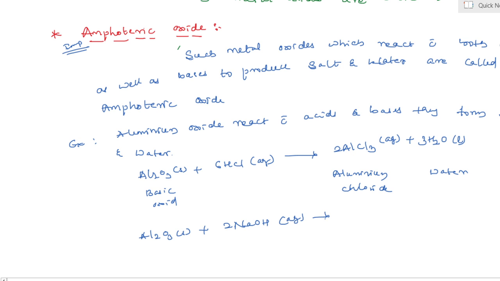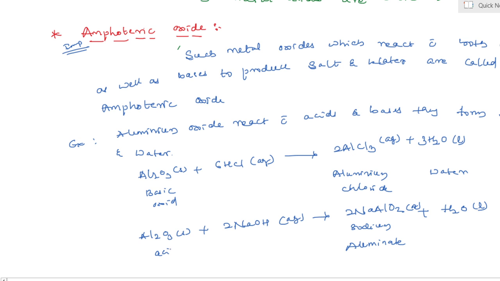What does it give? It gives NaAlO2, sodium aluminate, plus H2O, sodium aluminate aqueous and water in the liquid state. Here aluminum oxide is acting as what?